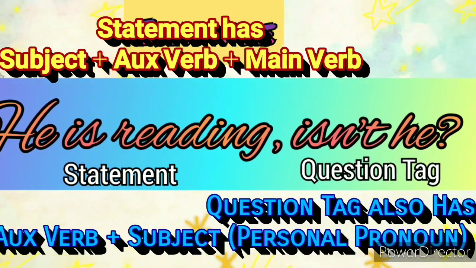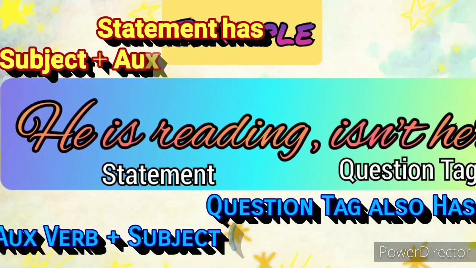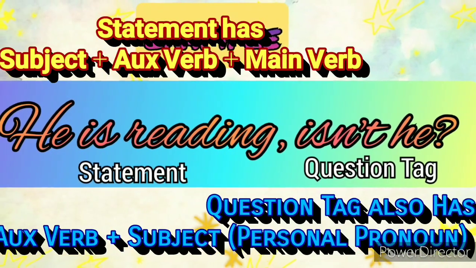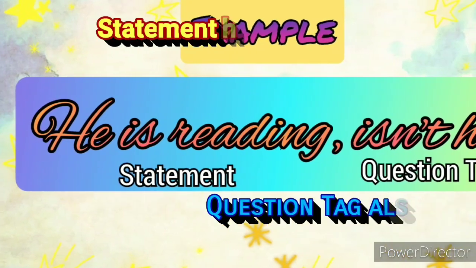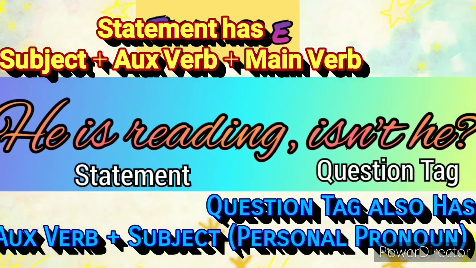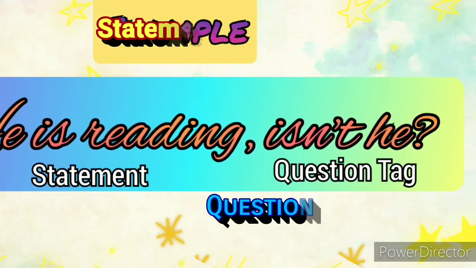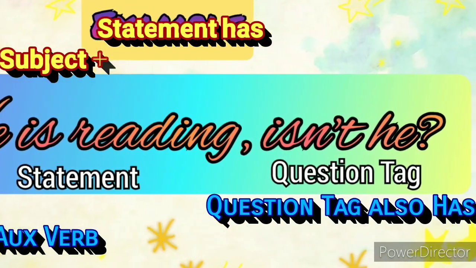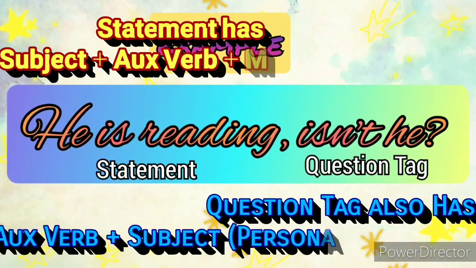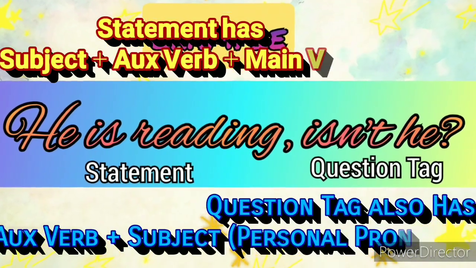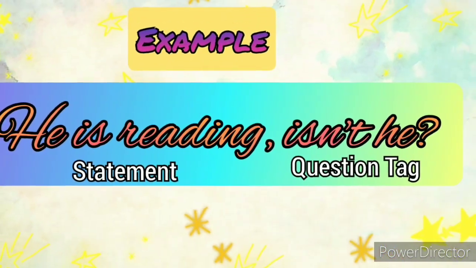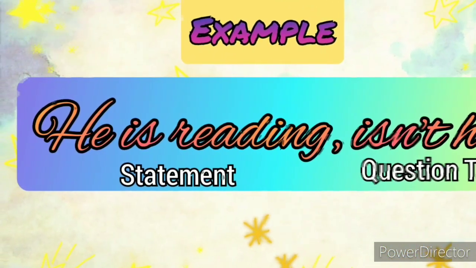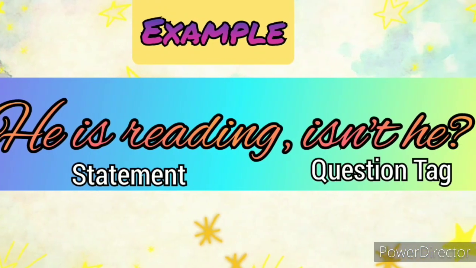Similarly, in our question tag also, we have the same auxiliary verb followed by the subject, which is the pronoun he in this case. So we have the subject over here, plus the auxiliary verb, plus the main verb in our statement. After that, we have a comma. And then we have the auxiliary verb. After that we have not. Since we had the auxiliary verb is in our statement, so we are using the same auxiliary verb is in our question tag also, followed by the personal pronoun he.